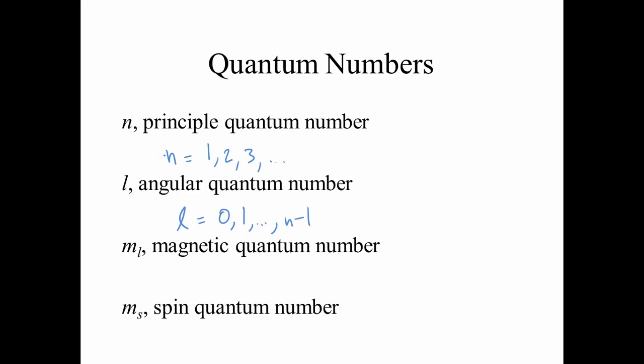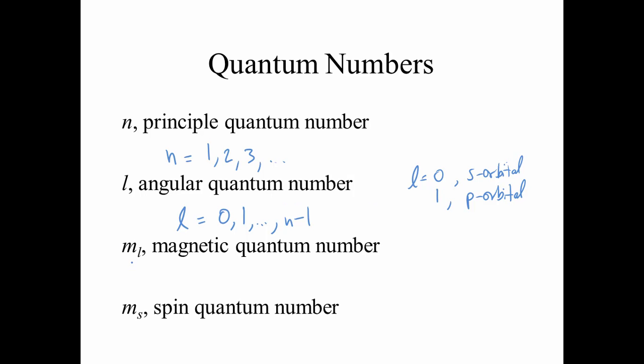So depending on your principal quantum number, that's how many possible angular quantum numbers you could have. For example, if n is 1, then L has to be 0. When L is 0, we call that an s orbital, or s subshell. If L equals 1, that's the p orbital, or p subshell.